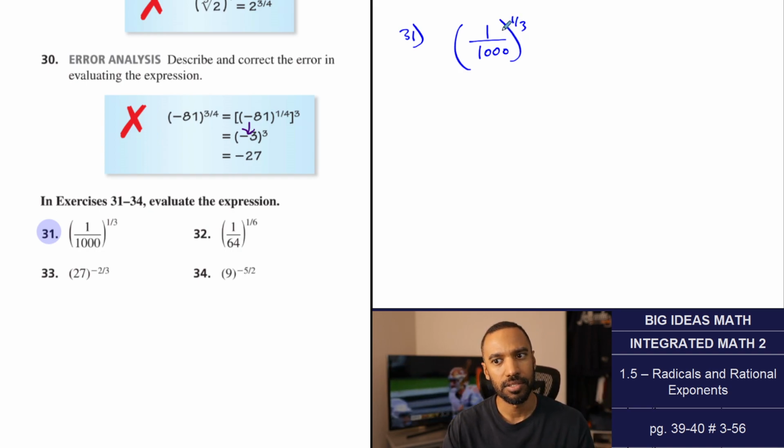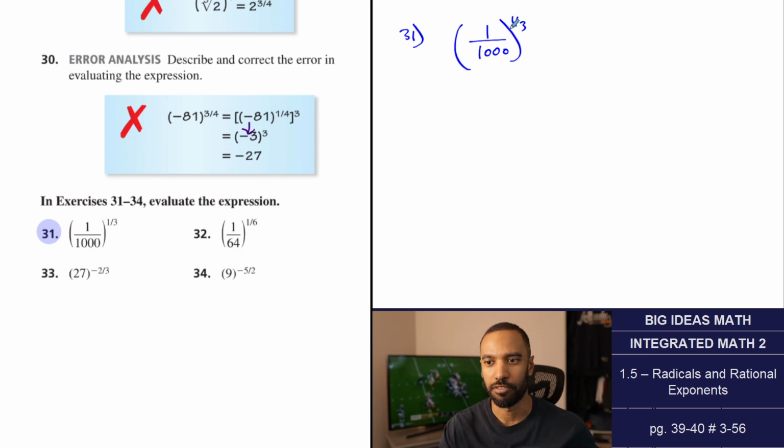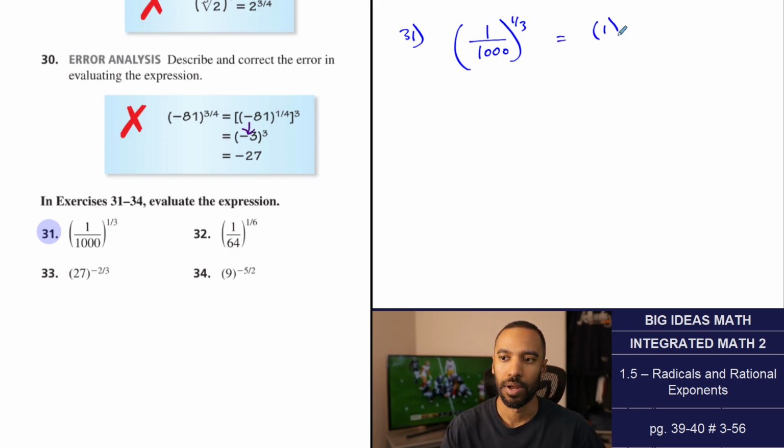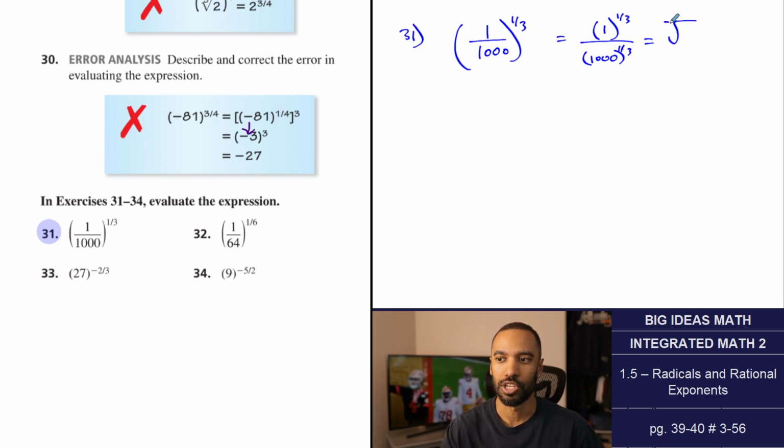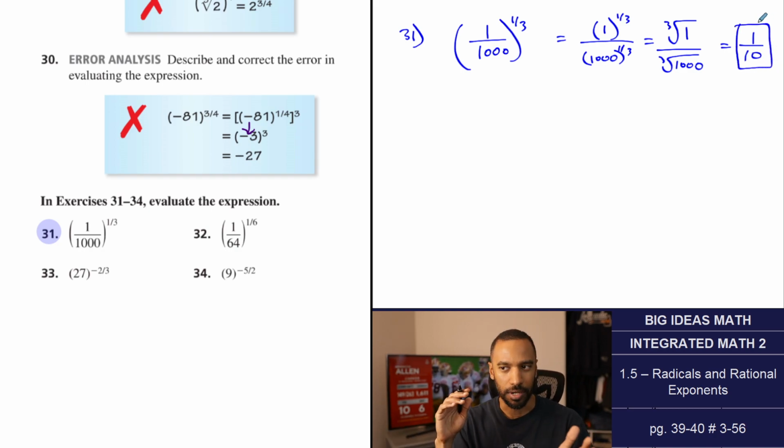Now whether you treat this as two separate numbers or a fraction, this does apply to that power of a quotient property from before, where we would do 1 to the 1/3 over 1,000 to the 1/3, like so. So you apply it to both, which is the cube root of 1 over the cube root of 1,000, which is 1 over 10. So whichever way you want to put it, it's up to you when you're doing that, but that's the main process on how all that goes.